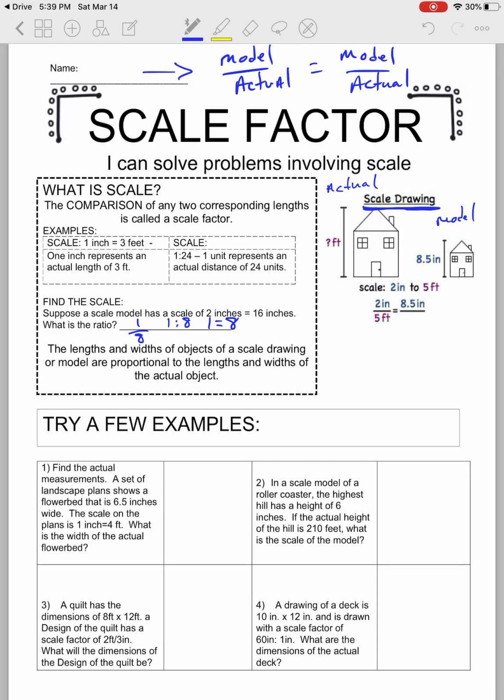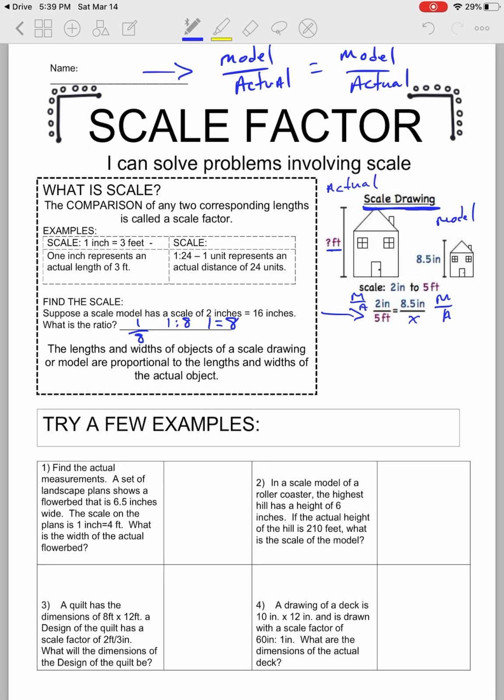And now we want to find how tall the actual house is. We don't know. We know the model's 8.5 inches. Right here, you'll notice how we have it set up. Model over actual, M over A. We have 2 inches is equal to 5 feet over 8.5 to X.